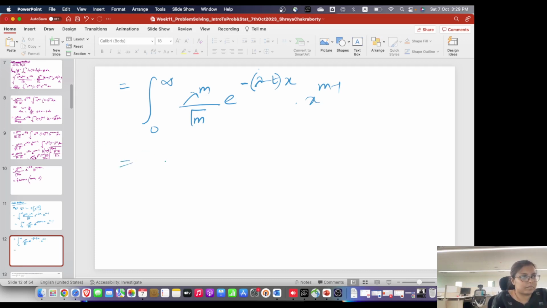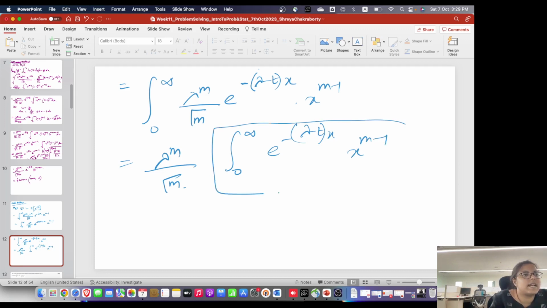So this can be written as, this part we can take out, lambda to the power m by gamma m, 0 to infinity e to the power minus lambda minus t x, this will be x to the power m minus 1.